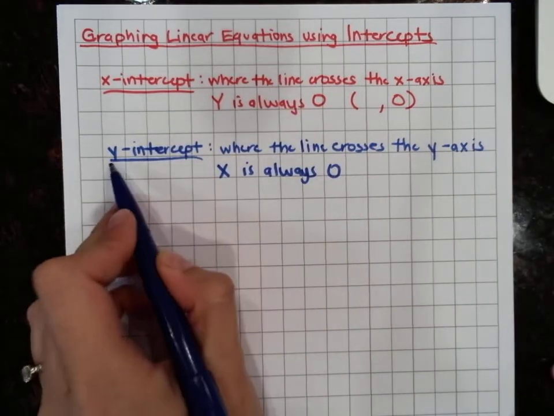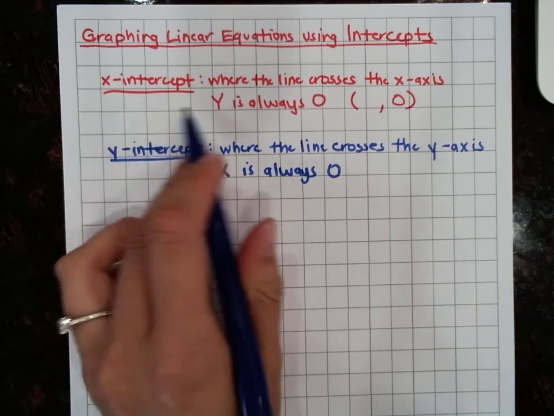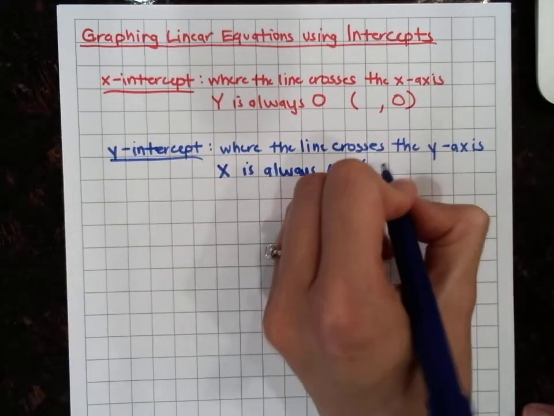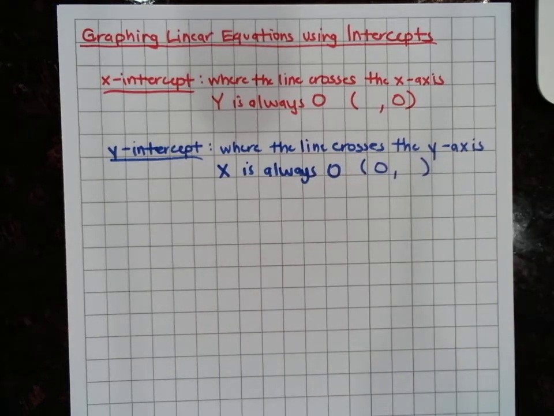So it's the opposite. If it's the y-intercept, x is 0. If it's the x-intercept, y is 0. And so x is always 0, and so that is what your y-intercept is always going to look like.